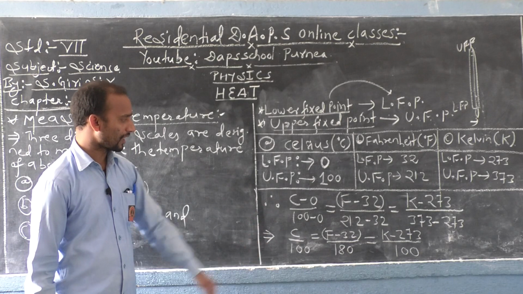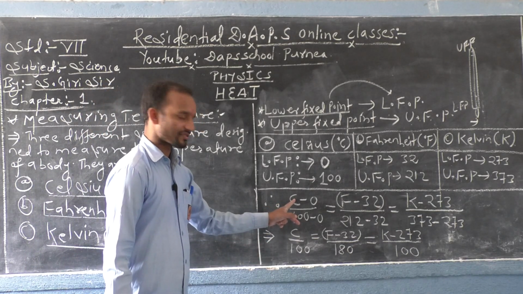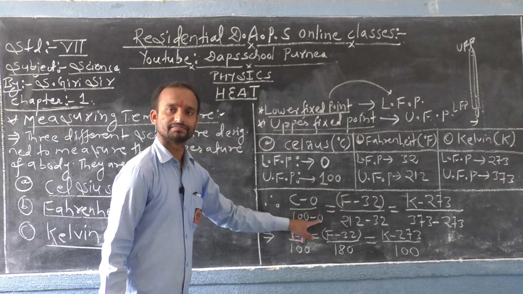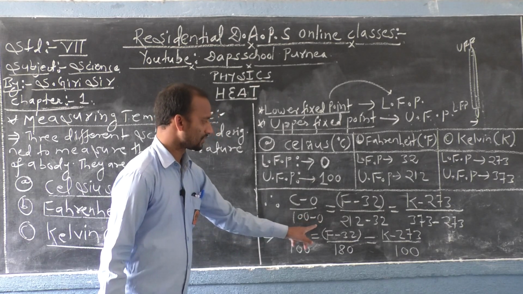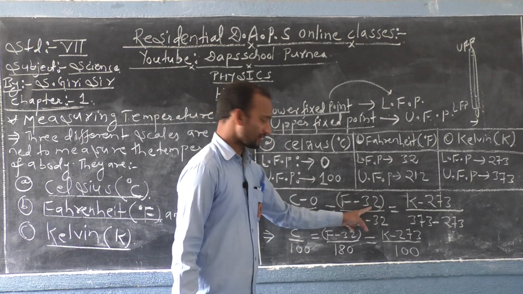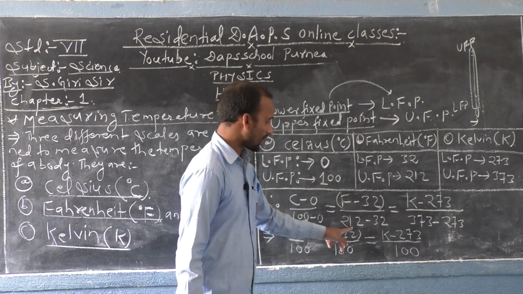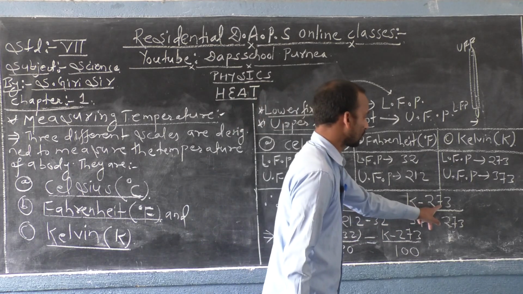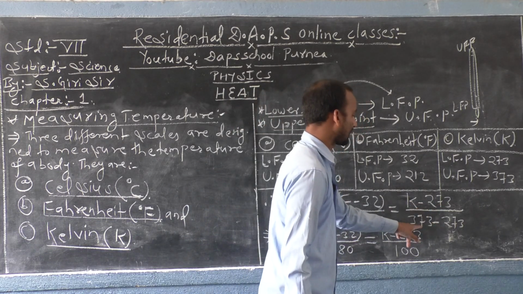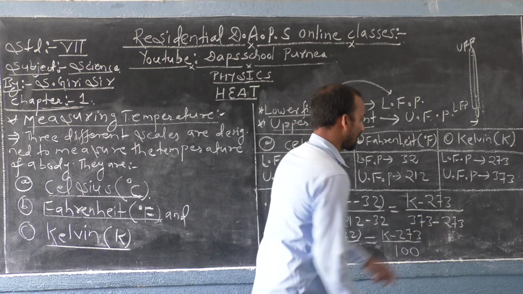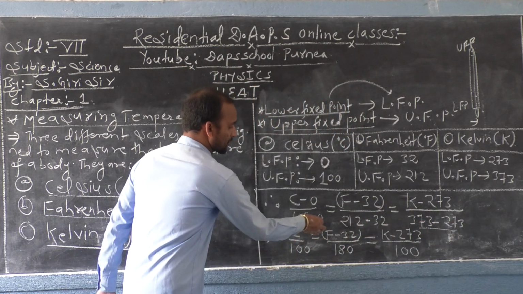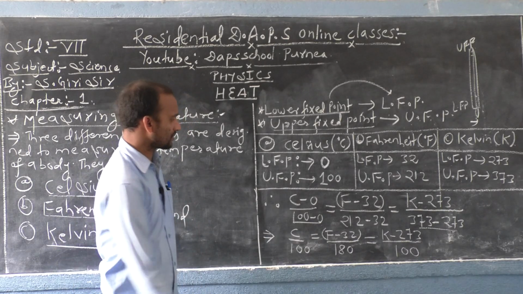You can see: C minus the lower fixed point, over the difference of the upper and lower fixed points, 100 minus 0. Similarly F minus 32 over the difference for Fahrenheit, and K minus the lower fixed point of Kelvin over its difference. The denominator is the difference between the upper and lower fixed points.